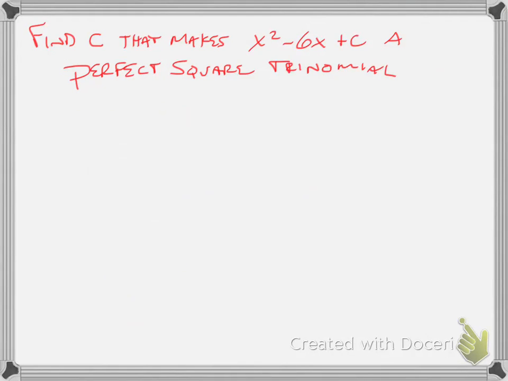Okay, so we're going to try to find the c here that makes this a perfect square trinomial. And the way we're going to do that is the formula is b over 2 squared.